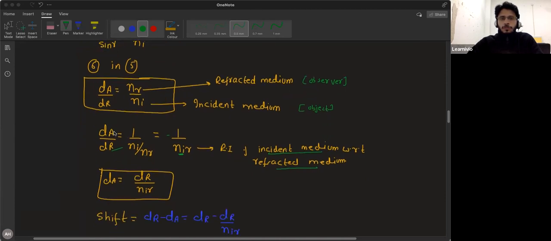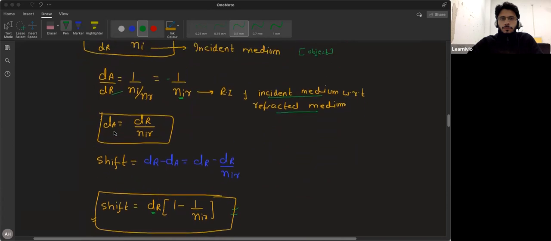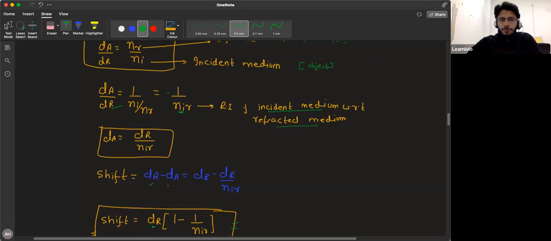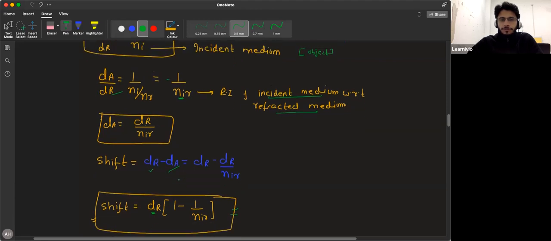Can I scroll it? And this n_i by n_r is n_ir. So your apparent depth is real depth by n_ir. And shift is just the difference between the real depth and the apparent depth. The difference is known as shift. So everyone has written up to here?